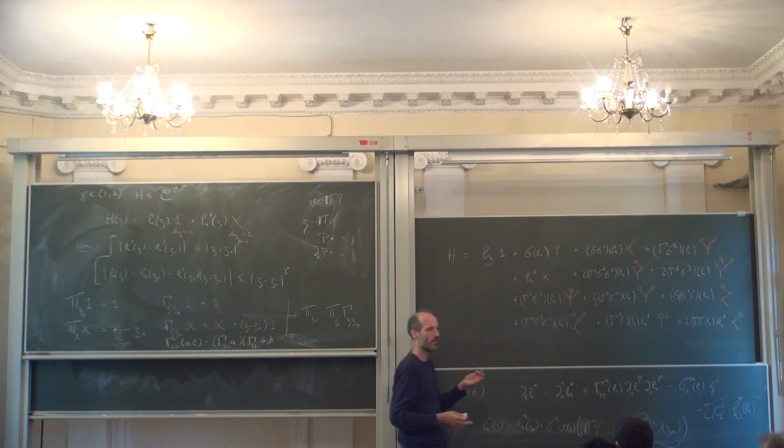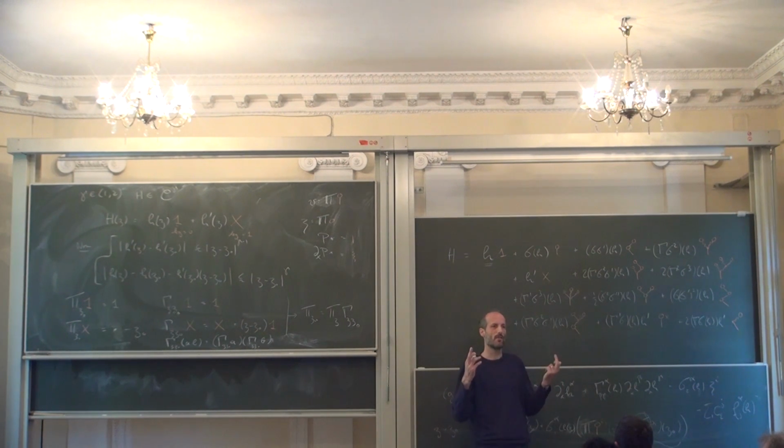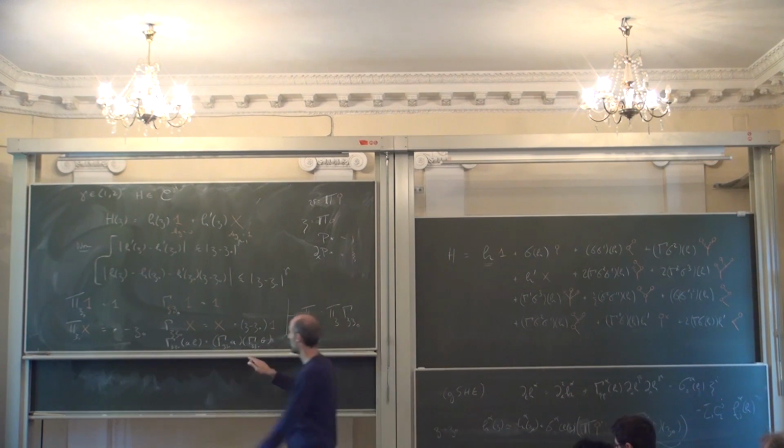Because it just says that if you take two Taylor expansions and you multiply them, and then you re-expand them around a different point, it's the same as first re-expanding both of them around that point and then multiplying them. Right? So this is a very natural condition.